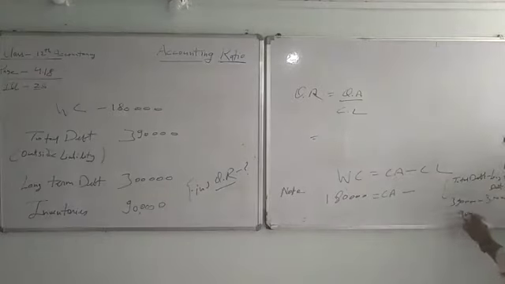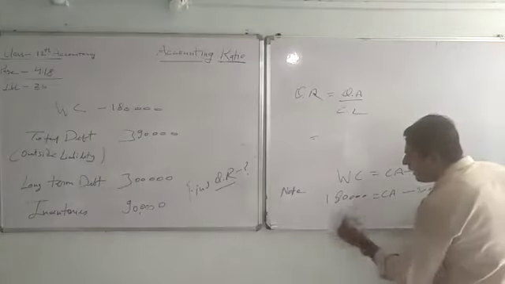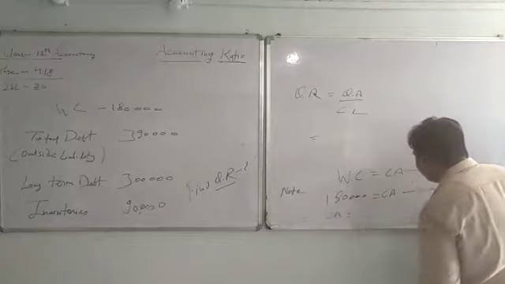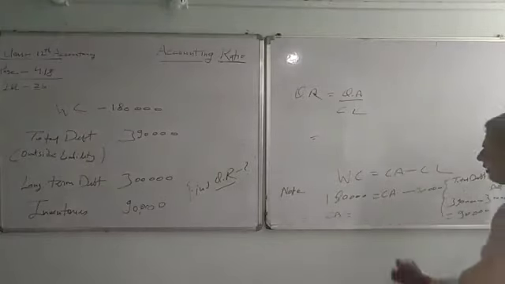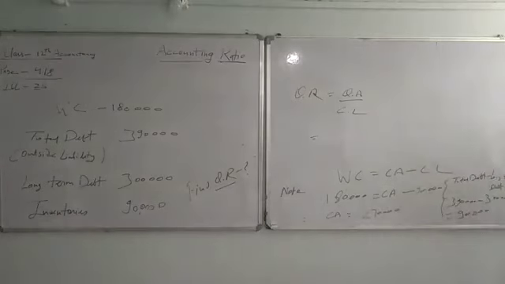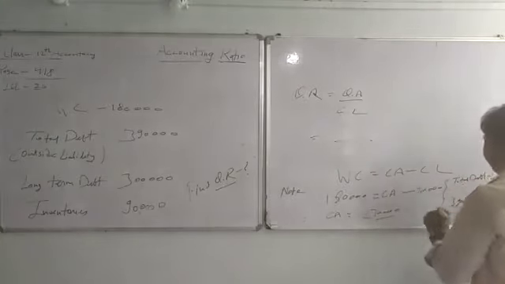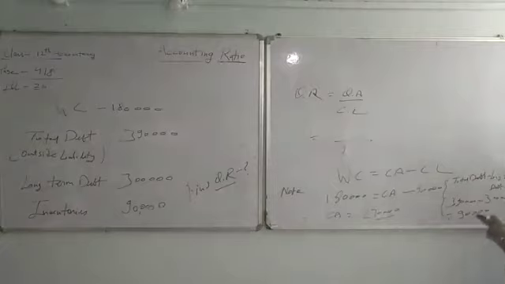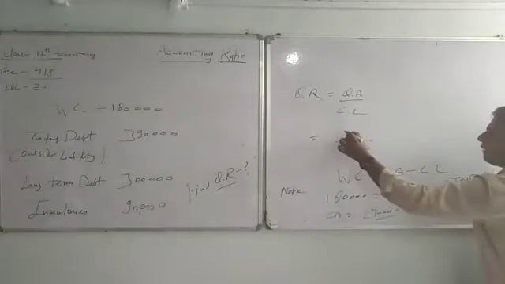How much does it come to? 90,000. 90,000 is our current liability. So through it we can find out our current asset. How? It will be 2,70,000. So current asset is 2,70,000 and current liability is 90,000.